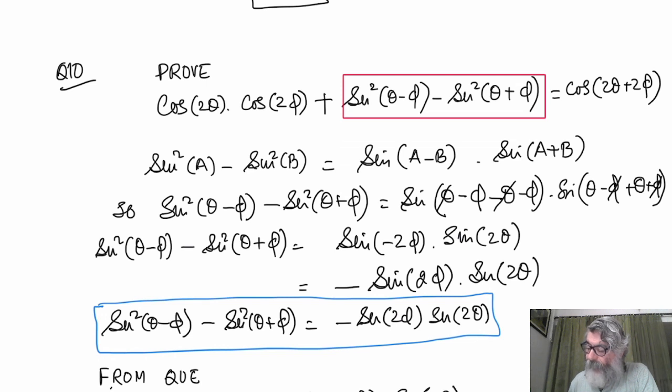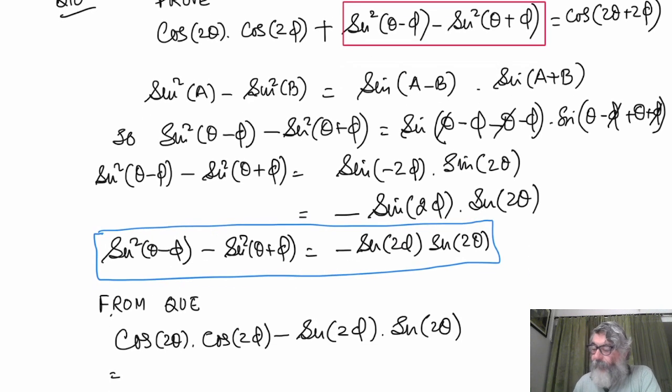Now please just look at the formula. Cos A cos B minus sin A sin B. What is A? 2 theta, B is 2 phi. Cos A cos B minus sin A sin B will be actually cos(A plus B), 2 theta plus 2 phi, which is the right hand side.